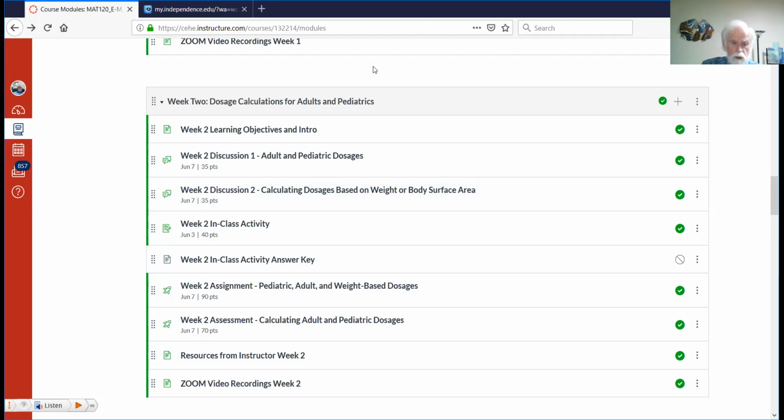We are given clear instructions as to how much drug is to be given per unit time. And then we have to calculate either what the settings are on an infusion pump or how to set up what I call a manual delivery system, which basically uses gravity to put drug into the patient.